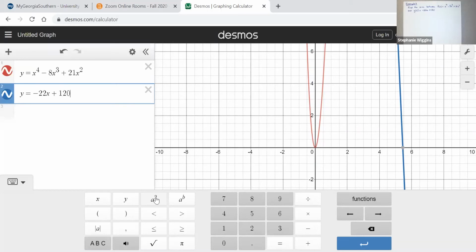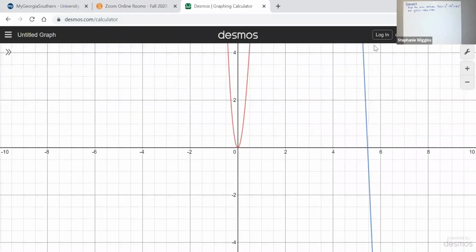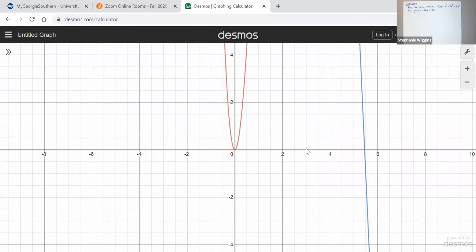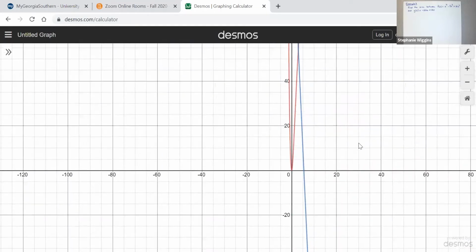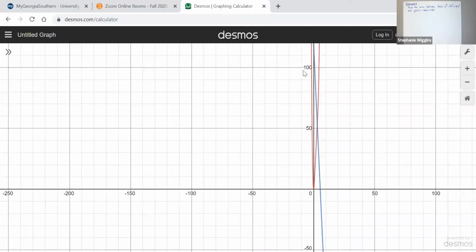And you can't see both functions, so let me just collapse all this stuff here, and you can see we need to get it in the right frame. So I'm going to zoom out here, and it's kind of hard to look at. It's all scrunched up here. So I'm going to spread out my x-axis.